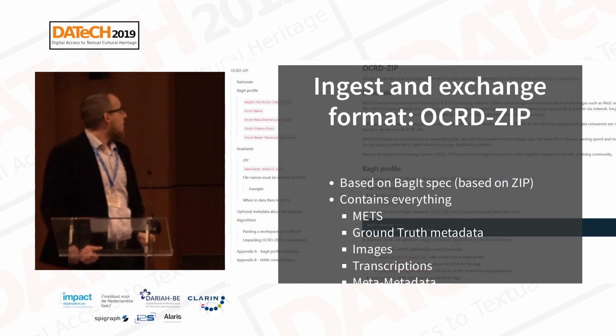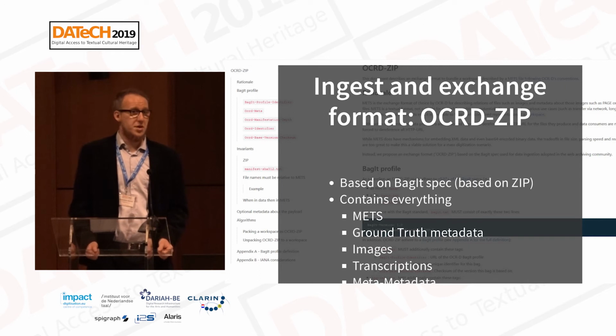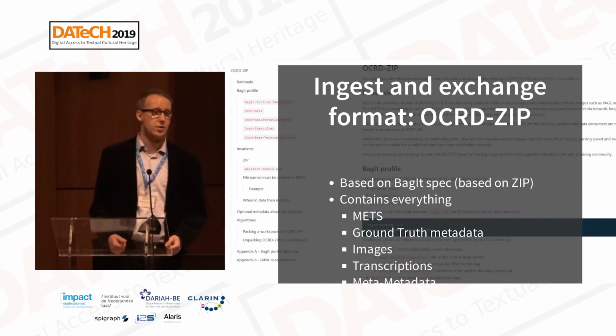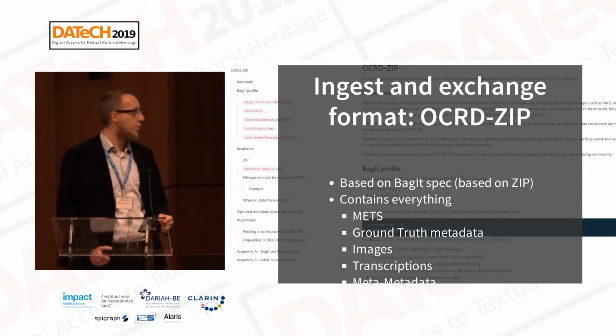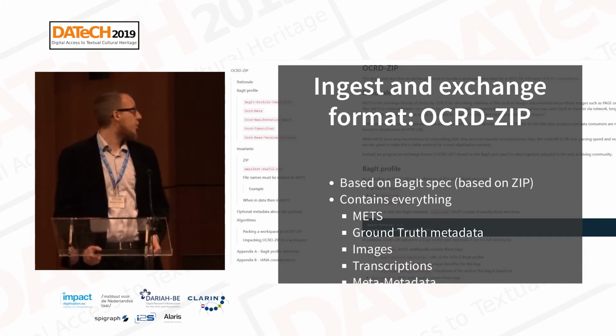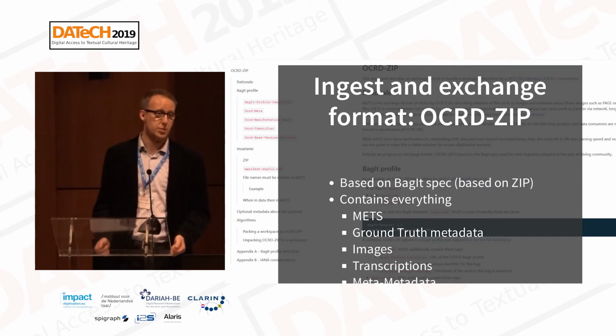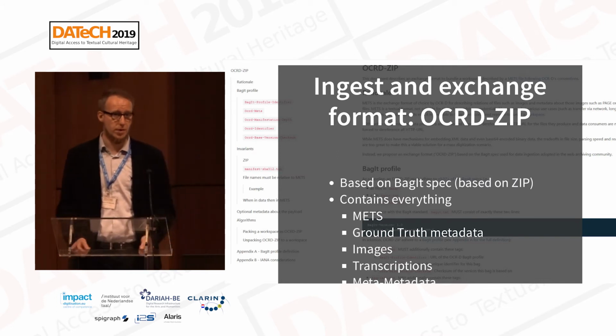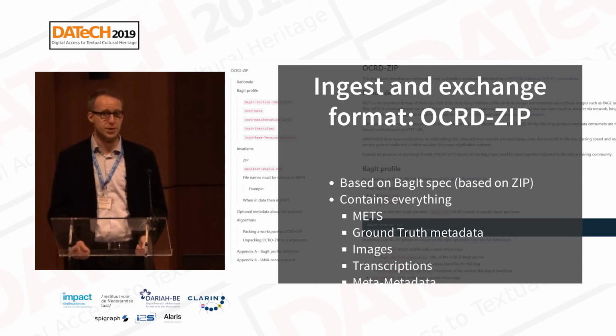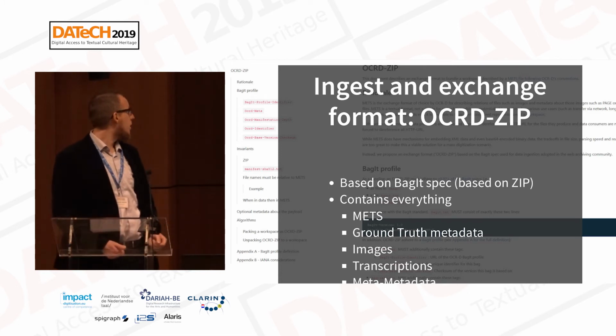And the idea is that we have one ingestion package that contains everything. It contains the METS, including ground truth metadata, including MODS and bibliographic metadata. It contains the images, the transcriptions, we chose PAGE XML for OCR-D, but you could also use ALTO or hOCR or FineReader XML.